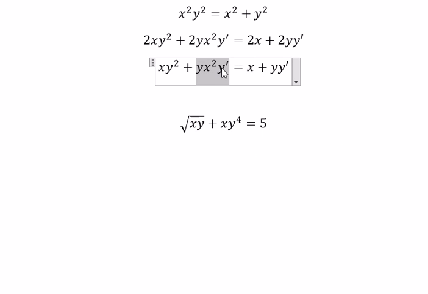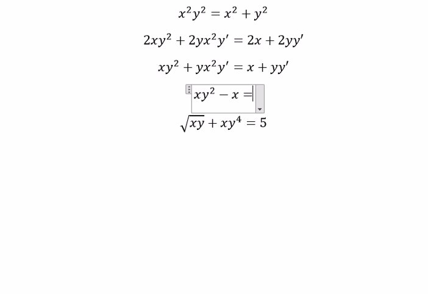So we move this one to the right, x to the left, and you get xy squared minus x equal to y times the first derivative of y minus x squared y times the first derivative of y.